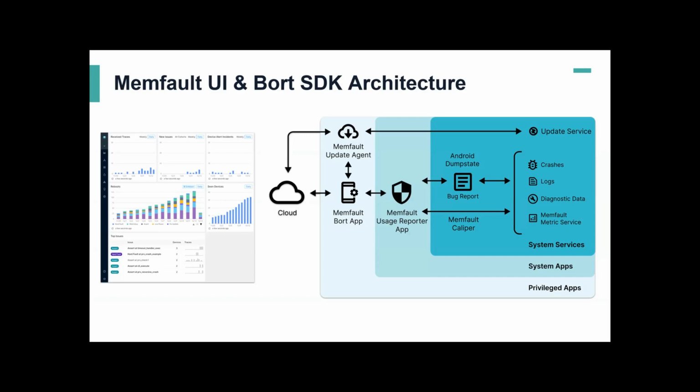However, we've also designed Memfault Caliper, which replaces bug reports and allows you to capture the relevant information that would come in a bug report in a light enough weight and low overhead way that you can use it in real time on your in-field sensors and devices, fitness equipment, whatever. And then a series of apps at different privilege layers, basically to be able to configure and control and separate any updates.